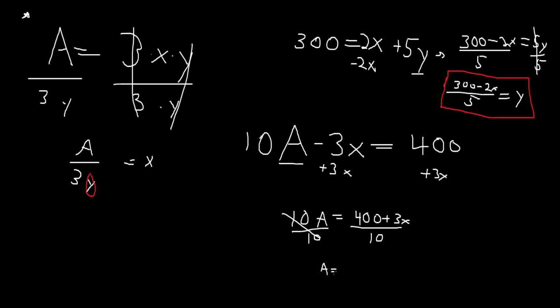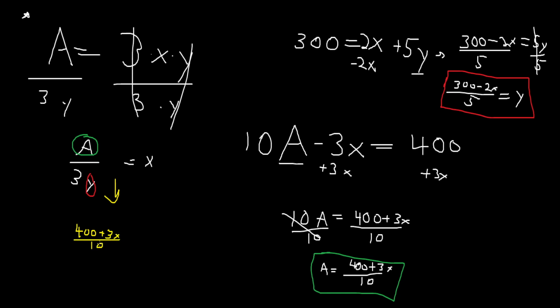So that means a would equal 400 plus 3x over 10. Now that I know a in terms of x, I can replace this a with its x values. So now that we know all three of these bits of information, let's go ahead and plug stuff in and see what happens. So we got 400 plus 3x divided by 10.